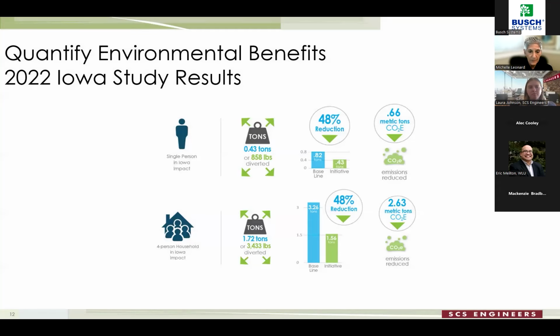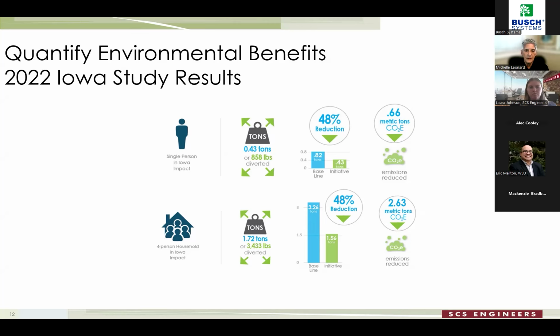So this information shows you that in terms of the disposal that we identified in Iowa, it was about 0.43 tons of waste disposed per person.